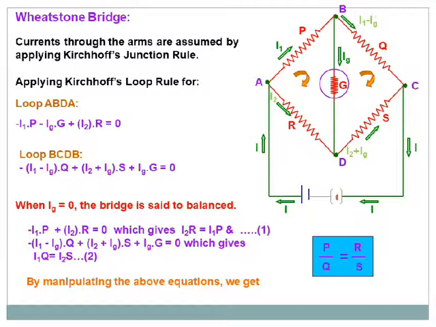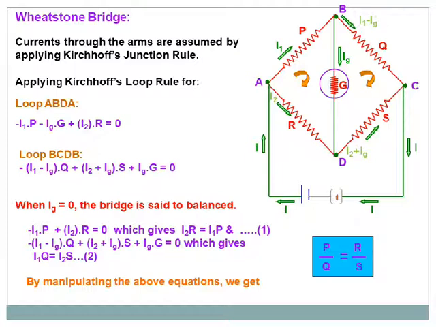B is the point which is connected to G also. So the current through the galvanometer is moving away from B. As you can see the direction of that current, it is moving away from the junction, so it should be minus. So that's why the current at B is I1 minus Ig.